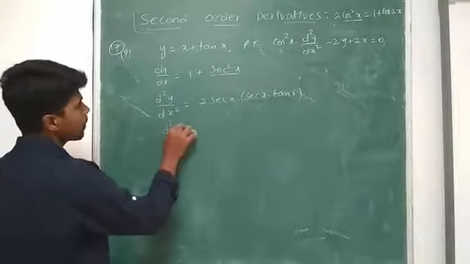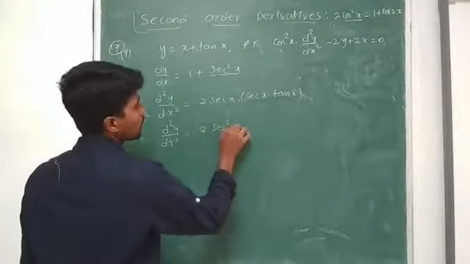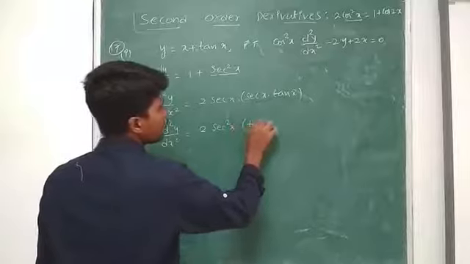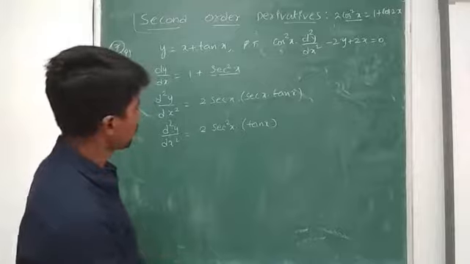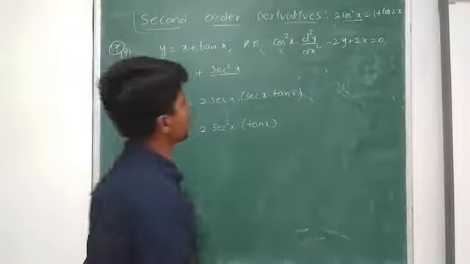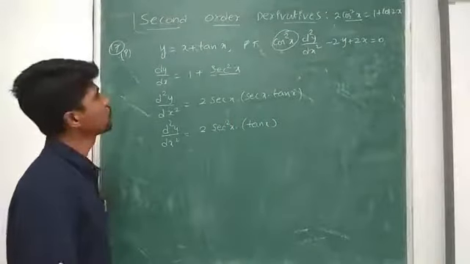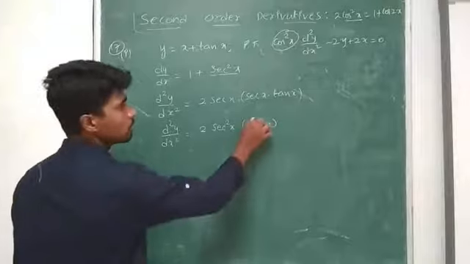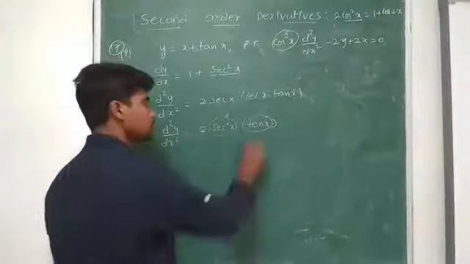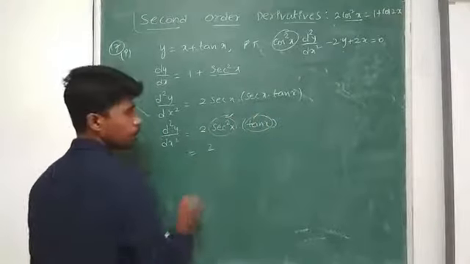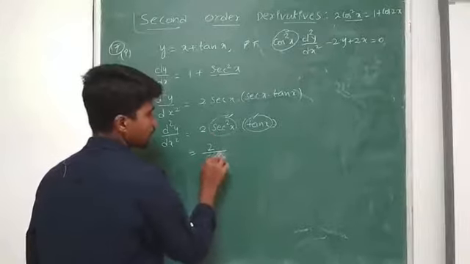Now d square y by dx square equal to 2 secant square x into tan x. See, our answer is not in the form of secant square x or tan x, it is in the form of cos square x and y and x, right? So for that purpose, I have to eliminate this tan x and I have to write the answer in terms of cos square. So these two I have to eliminate. How do I eliminate secant square x? By writing it as 1 by cos square x.